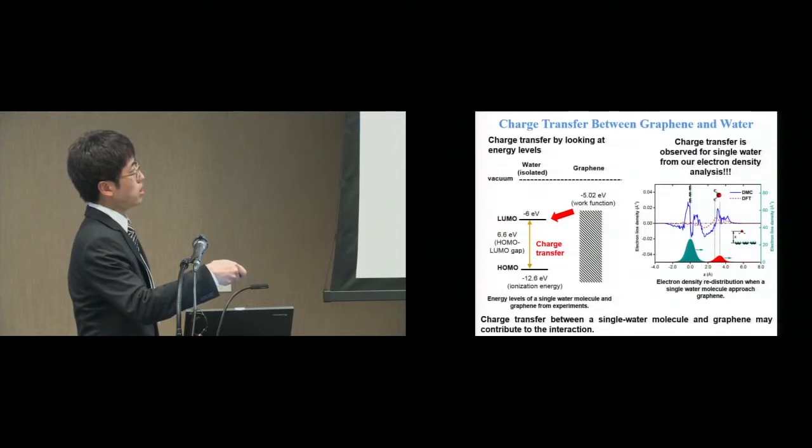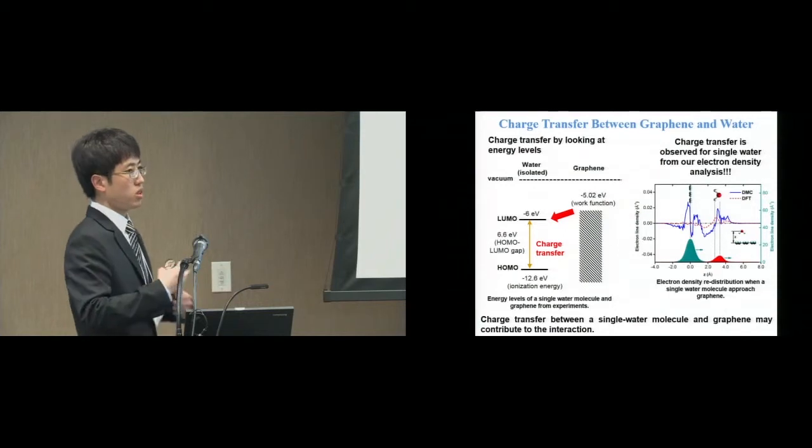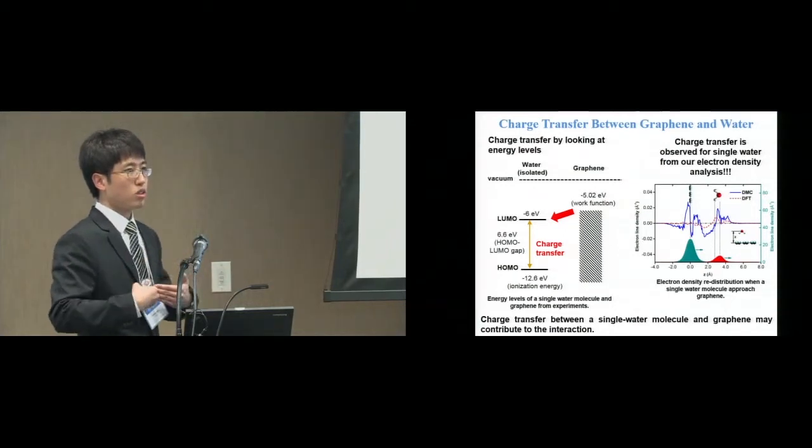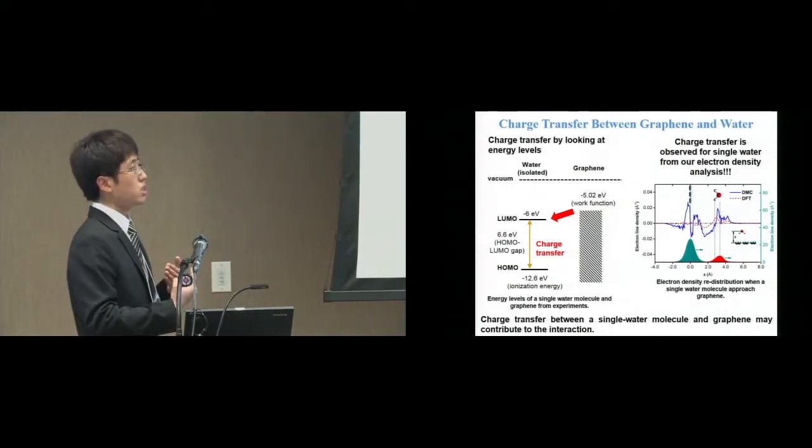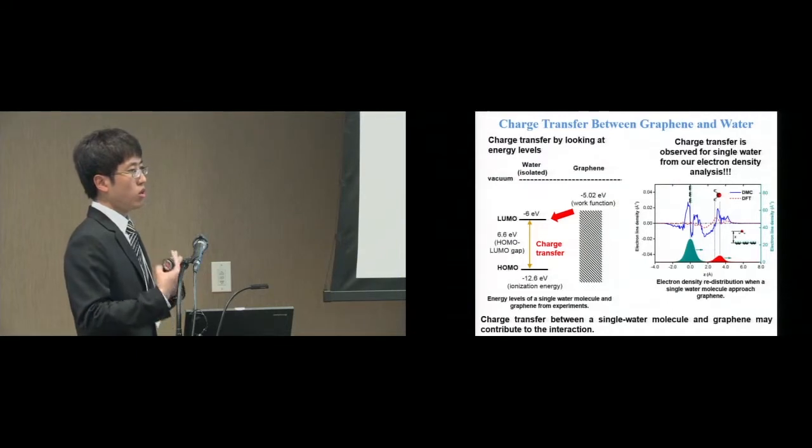We see that the electron density for water is positive, which means the water is getting some electrons from graphene. So we believe this charge transfer between a single water molecule and graphene could contribute to the graphene-water interaction, and it may explain why the interaction is so strong.